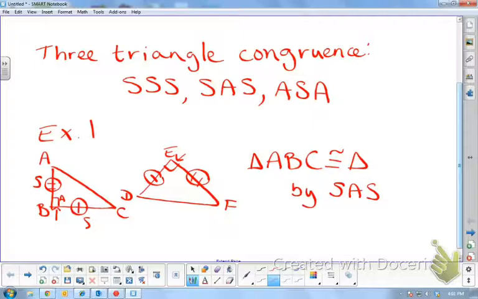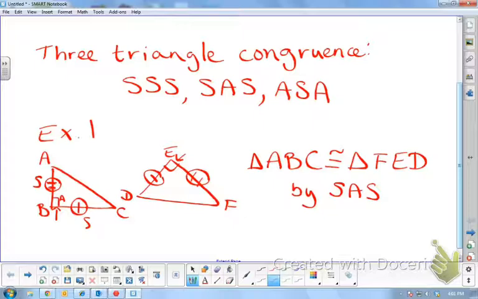So I started at A. A was near the two lines, so we need to look for F. It was near the two lines, and it was not the right angle, so we have to start at F. And then I said B came next. B was the right angle itself, so the right angle on the second triangle is E. And then the only letter left to match up is D. So triangle ABC is congruent to triangle FED.